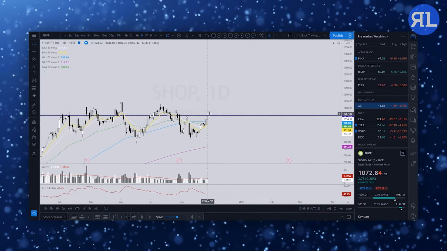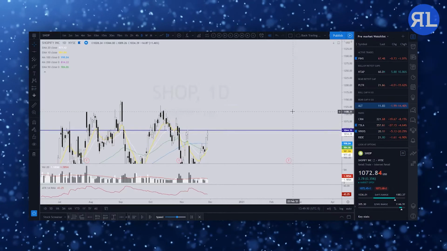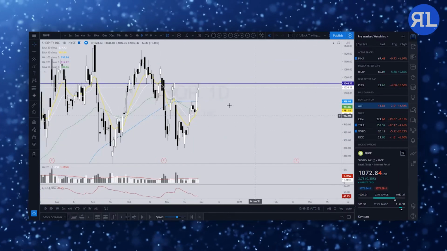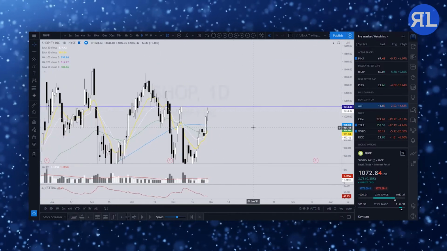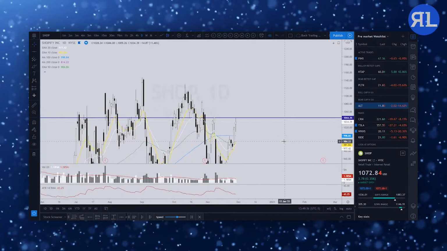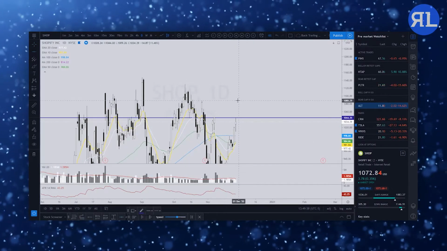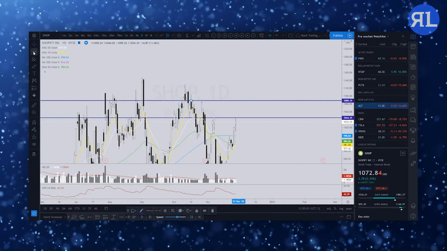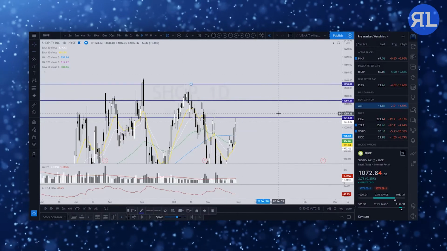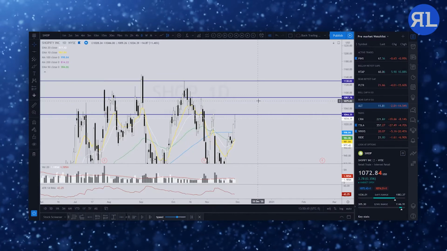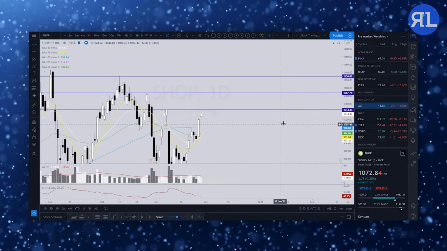It was gapping above this resistance level, which is now a support level. So I've got that level there, and I have another level right there. That's a pivot point, and I have a pivot point right there. Those are my pivot points.